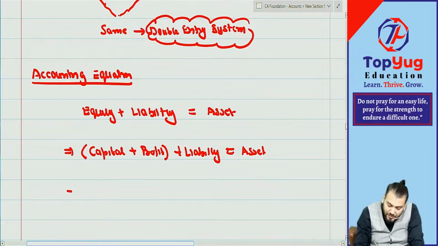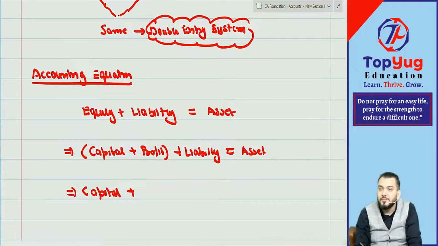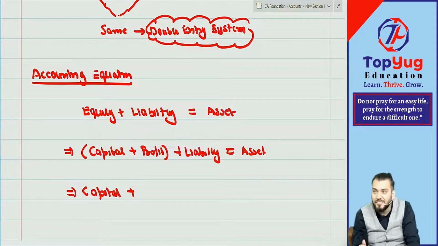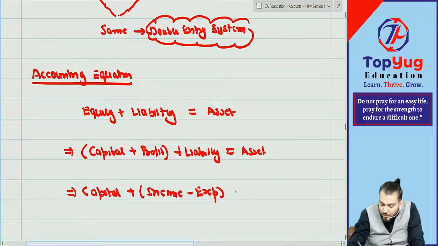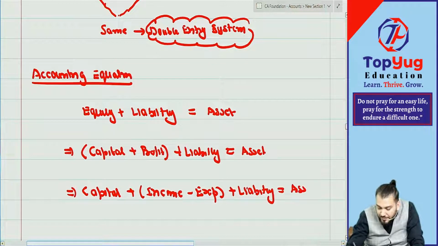Now we can expand like this also. The capital, what is the profit? Profit means income minus expense. So we can say profit is nothing but income minus expense, plus liability is equal to asset.